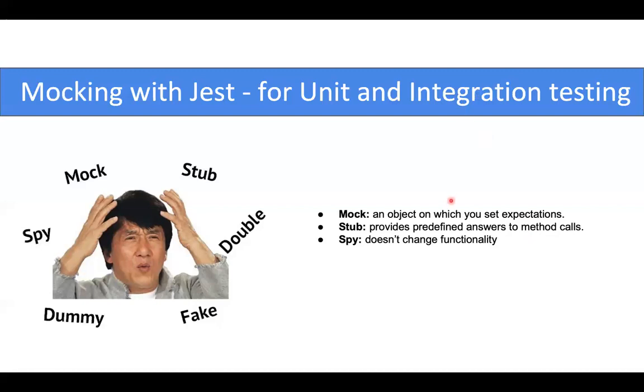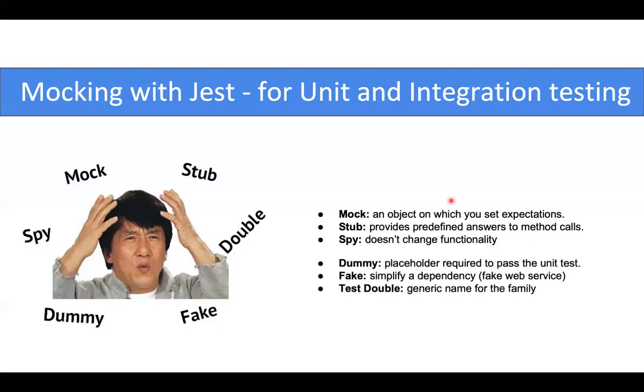Okay, I'll move on. The other three words: dummy, fake, and test double. A dummy is usually a placeholder required to pass the unit test. A fake is simply a dependency. Sometimes when people are talking about mocking, stubbing, and spying, they put them in the same bucket and call them a fake, or a test double.